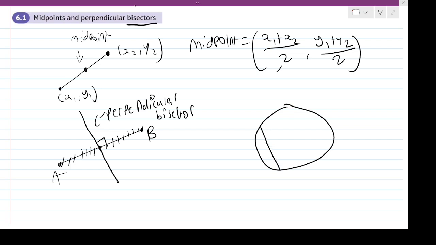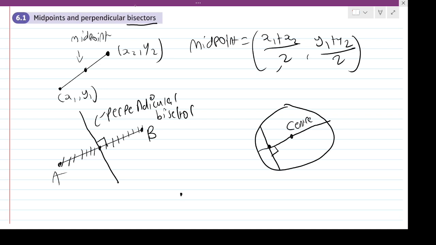What's special is that if we take the midpoint of the chord, and then draw the perpendicular bisector, which is the line that passes through the middle and is perpendicular, it turns out that every perpendicular bisector of a chord will always pass through the center of the circle.